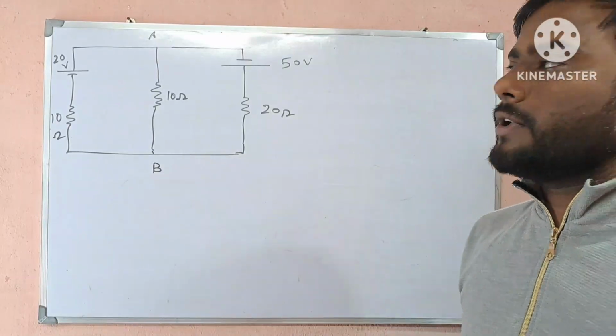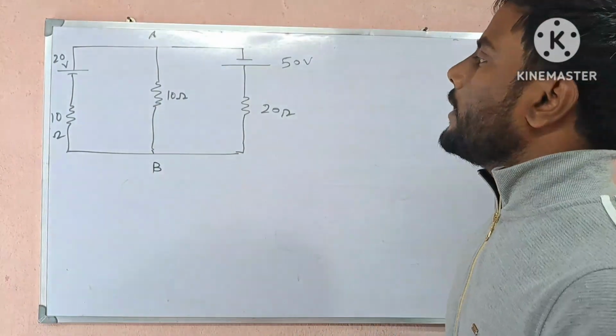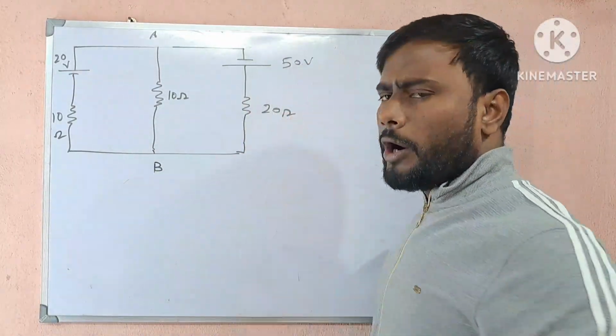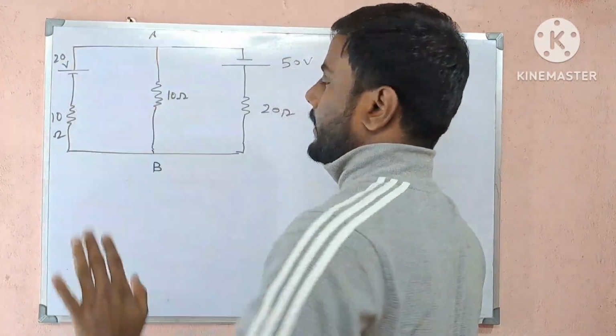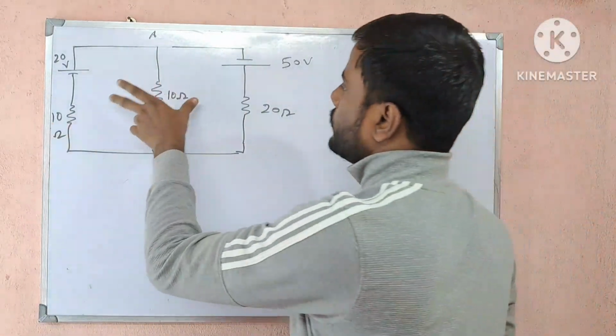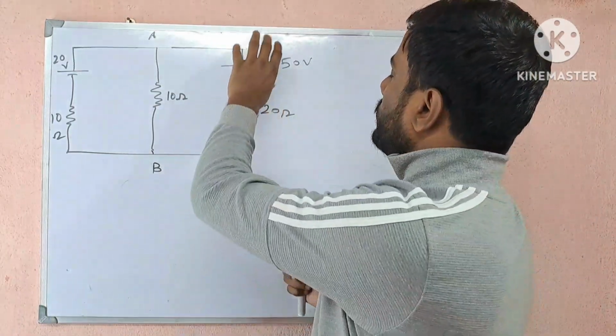So what will we do, sir? You have to break the currents. You have to maintain the rule. So if you want, you can emit the current from this battery, or if you want, you can emit the current from this battery. But from my personal experience, I will always suggest that when there are two batteries, always use the larger one.